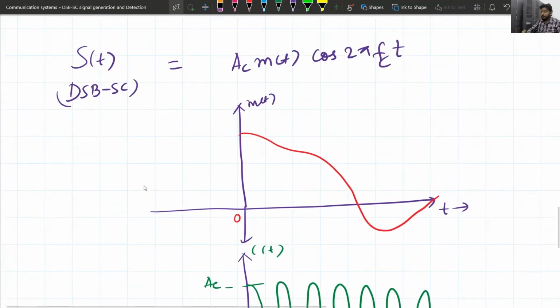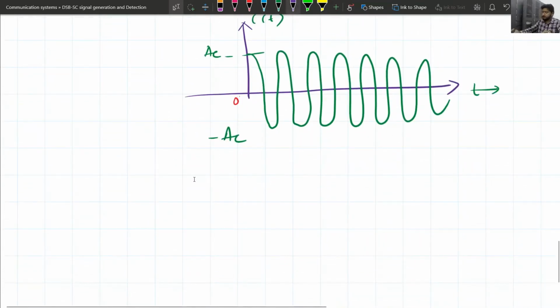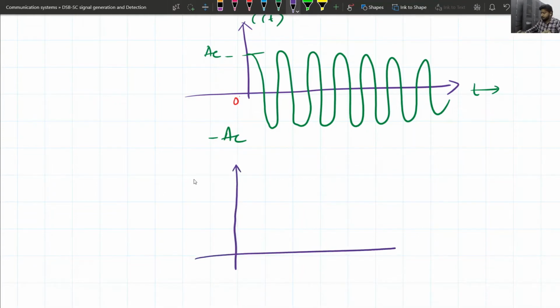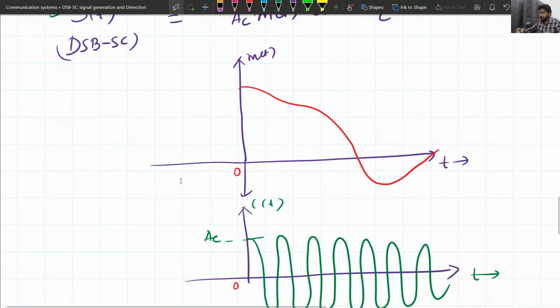Then what we are doing? We are multiplying the message signal with the carrier frequency. Then the resultant DSB-SC wave will be the multiplication of these two waves.